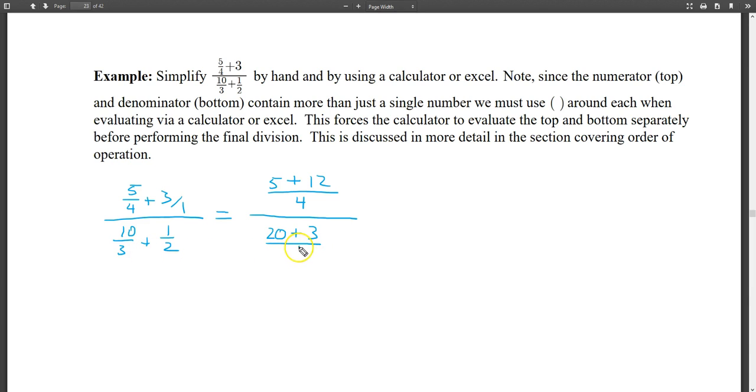Divided by 6. And this comes out to be, let's see, we're going to get 17 over 4 in the numerator, divided by 23 over 6. Now, to evaluate this, remember we have to flip this fraction in the denominator and multiply it against 17 over 4.